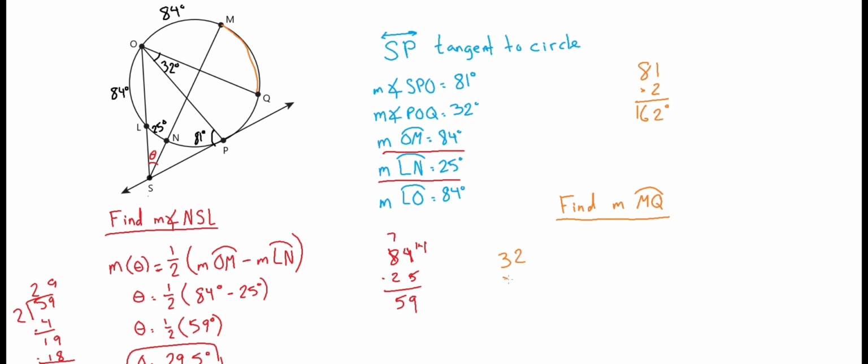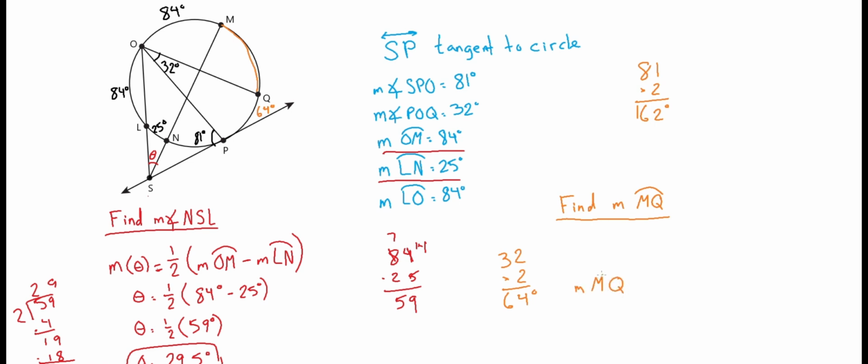So it'd just be 32 times 2, which would be 64 degrees. So now that we have PQ as 64 degrees, and all these other arc measures, we can finally find MQ.